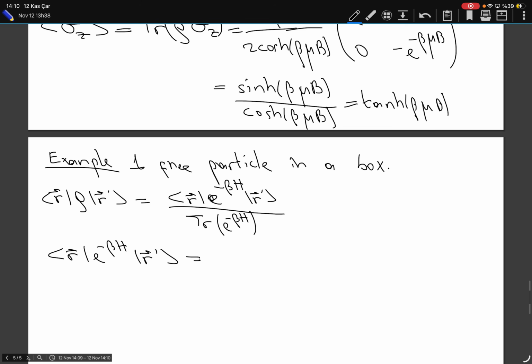Well, it will be easiest to calculate this in the energy basis, because then we don't need to worry about the exponent of the operator, but it will be the exponent of the energy eigenvalues.